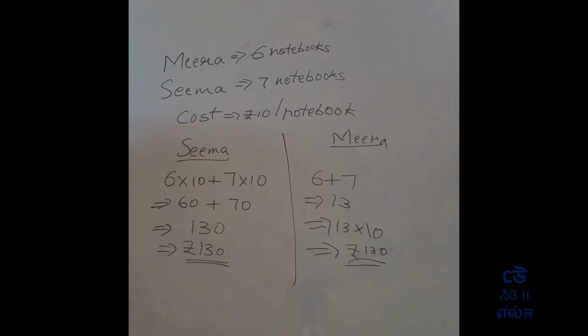He told Seema calculated 7 plus 6 into 10, 7 plus 60, then it will be 130. He was thinking like that. All the students got confused. How did these people calculate the amount?